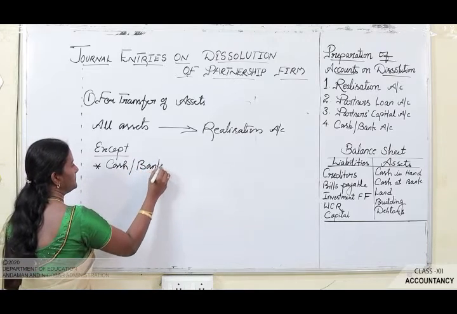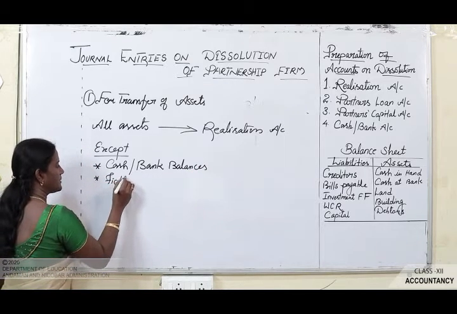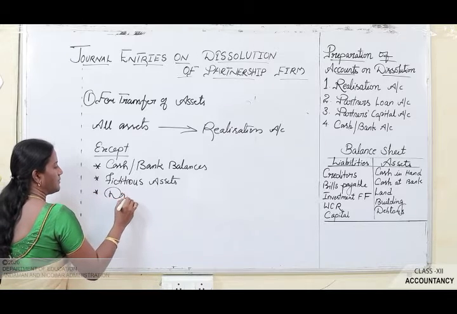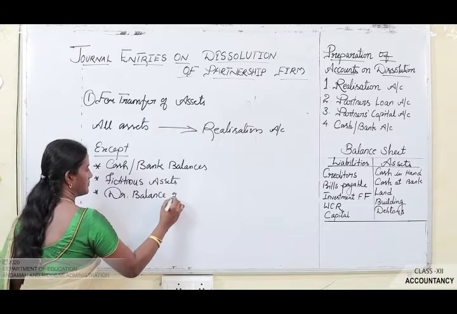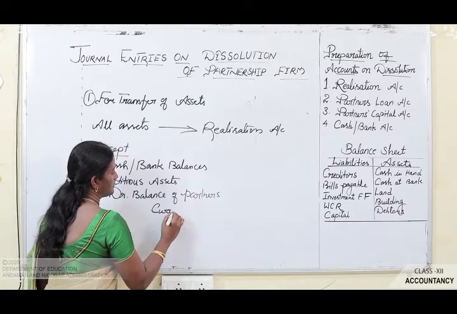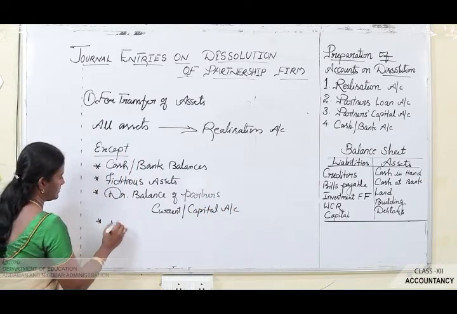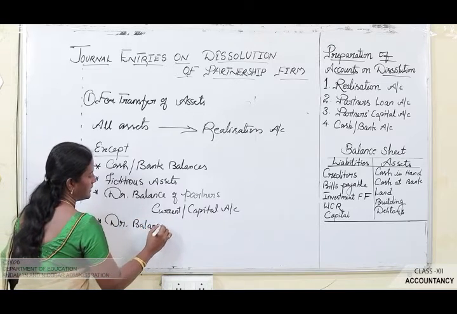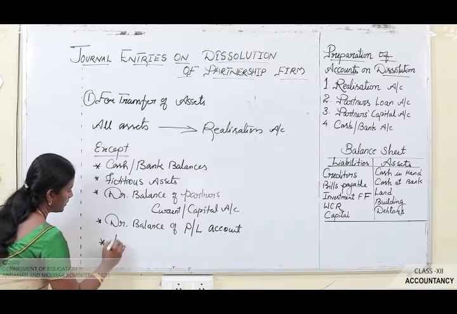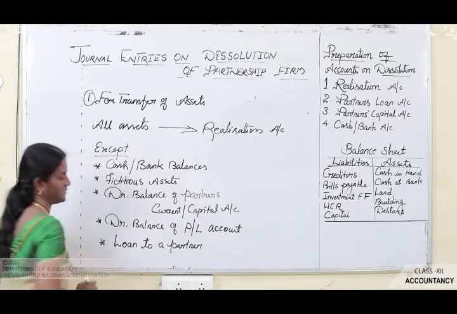cash and bank balances, fictitious assets, debit balance of partners' current and capital accounts, debit balance of profit and loss account, loan to a partner.